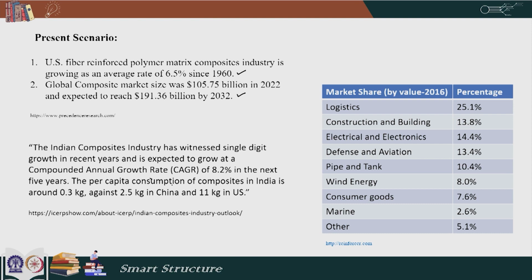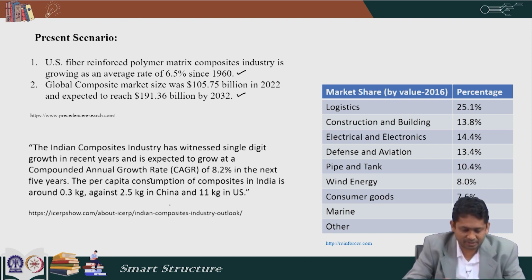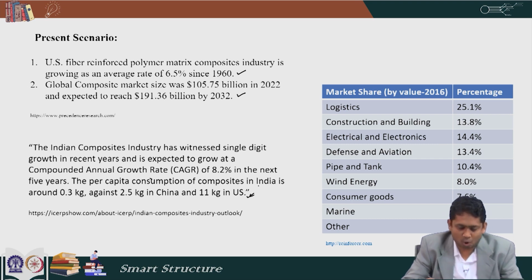The per capita consumption of composites in India is around 0.3 kg against 2.5 kg in China and 11 kg in US. So, there is a scope of tremendous development in this field in near future, and we can see that by this number.